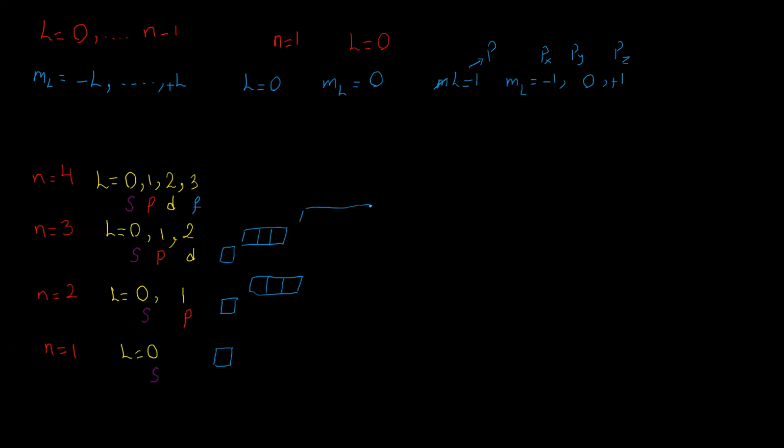And if we calculate ML for L 2, it's from -2 to +2, that is 5 orbitals.